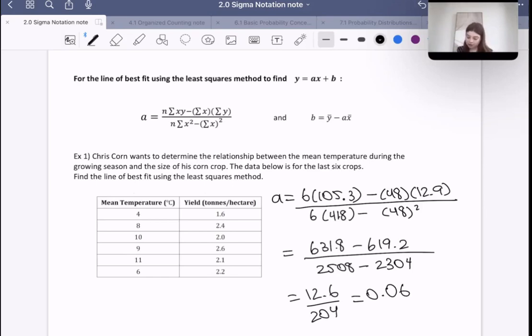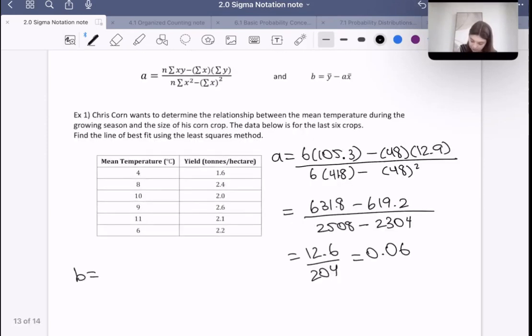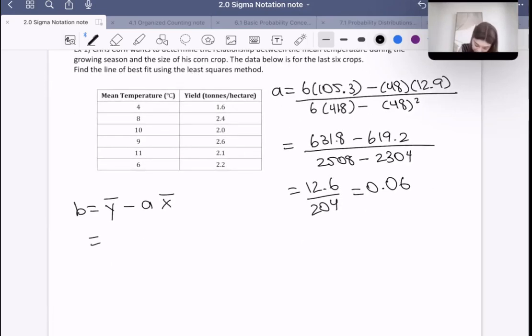Now to find our b value, b is equal to the average y minus a times the average x. So we already know what the average is. The average y is the summation of y's over n, and the average x value is the summation of all the x values over the number of values, right?